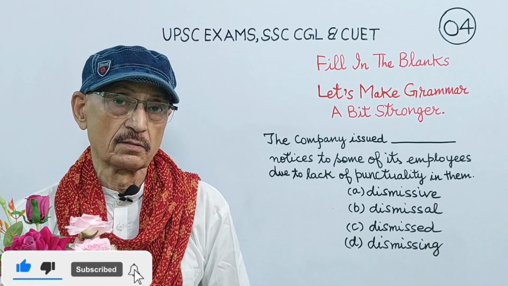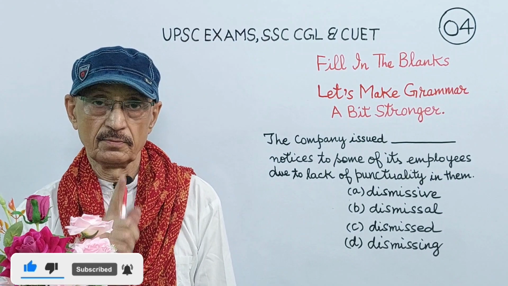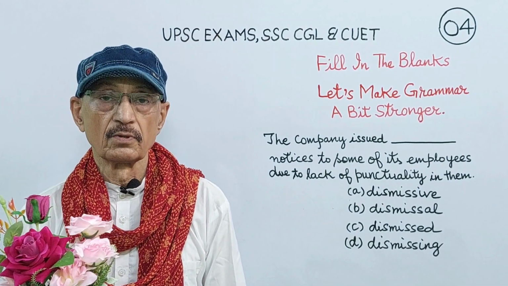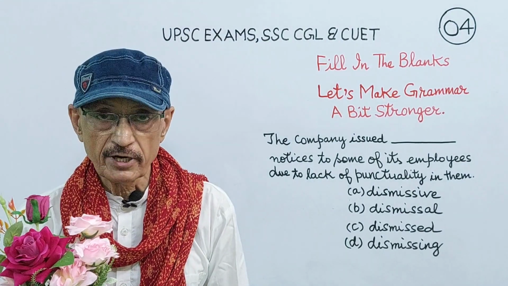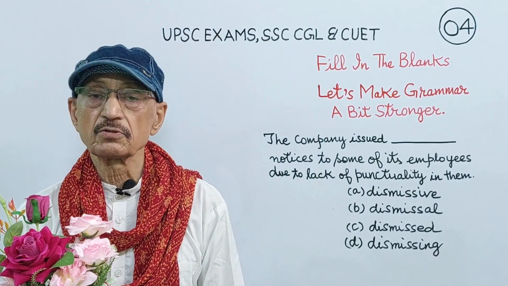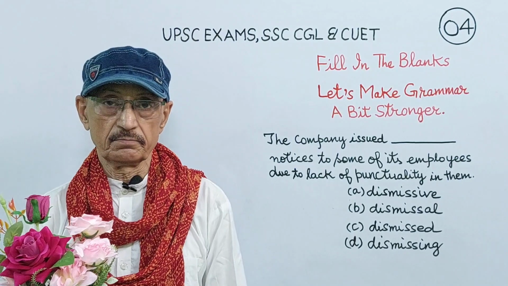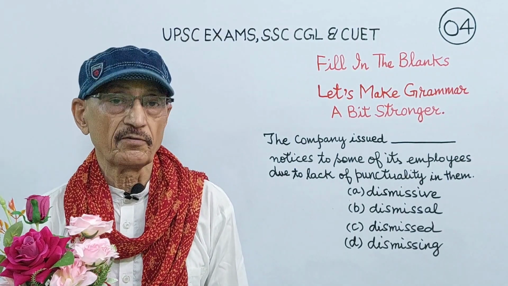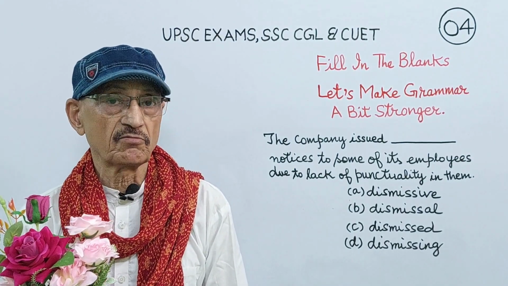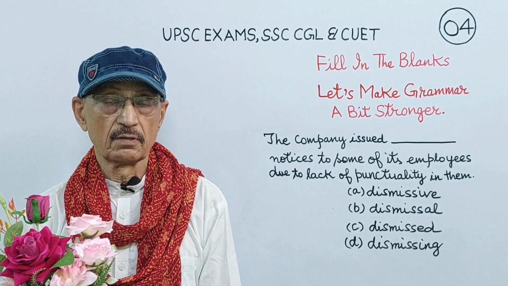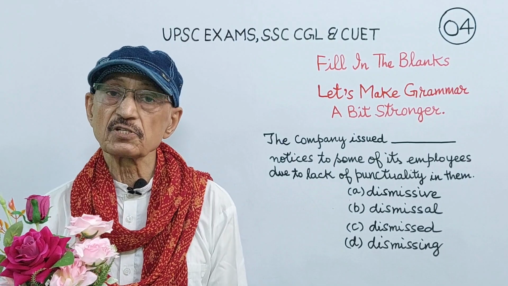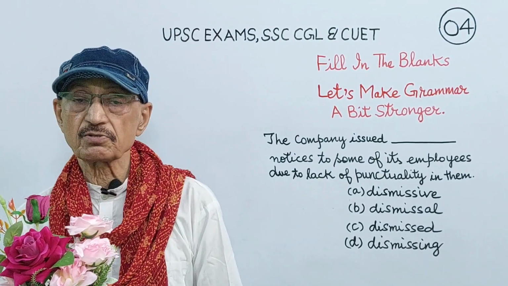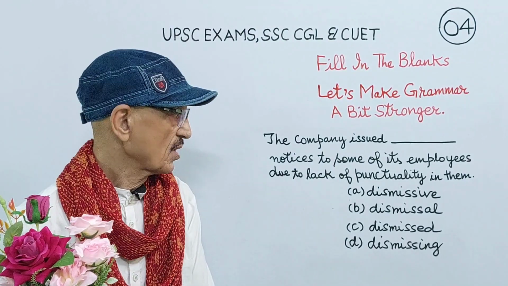The company issued blank space notices to some of its employees due to lack of punctuality in them. There is a group of 4 alternative words given here: dismissive, dismissal, dismissed, dismissing.